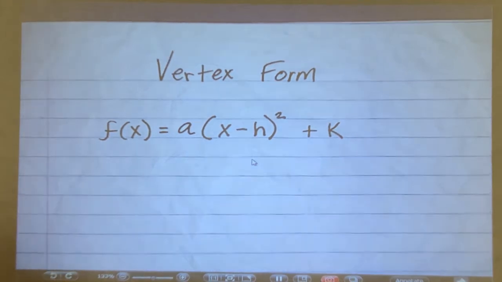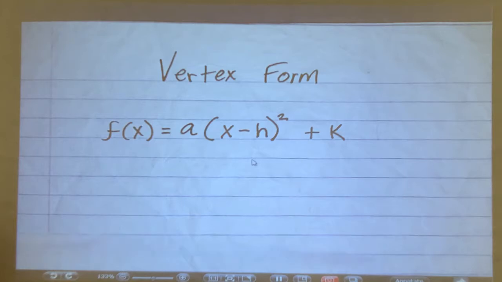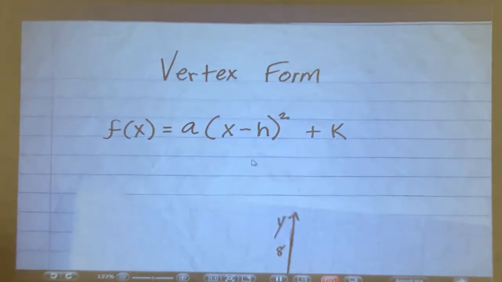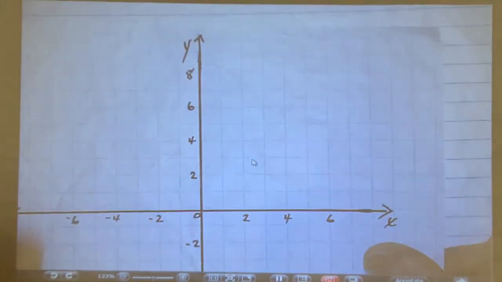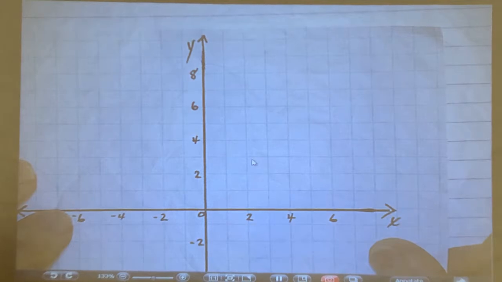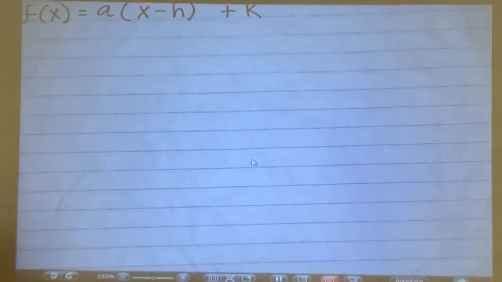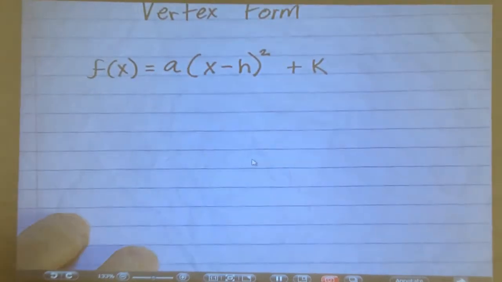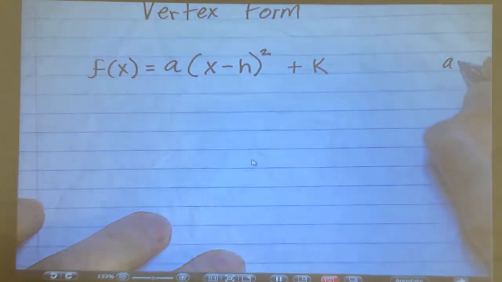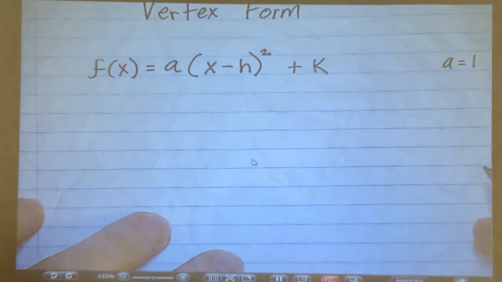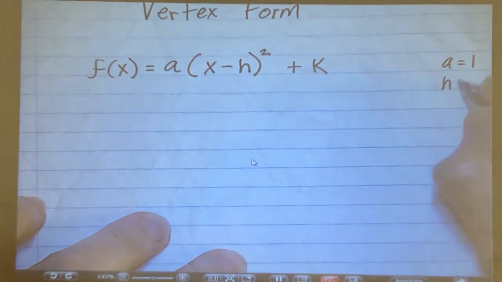So one of the things that I'm going to use here in my notes is just a little piece of graph paper so that we can kind of see what's going on. I'm going to start you off with just some given values. The a value is 1, the h value is negative 3, and the k value is positive 2.